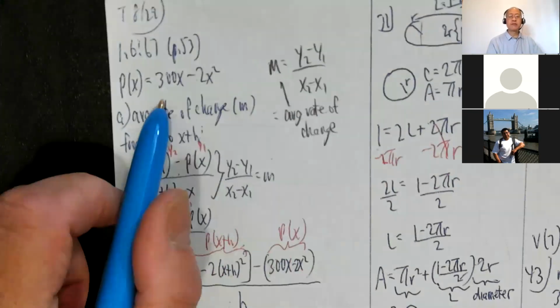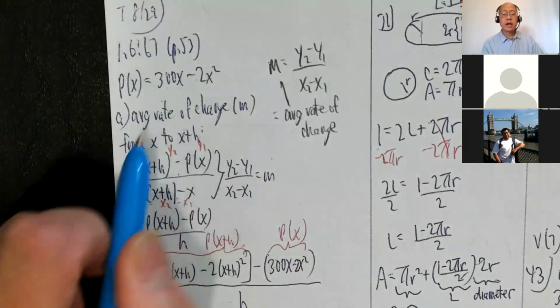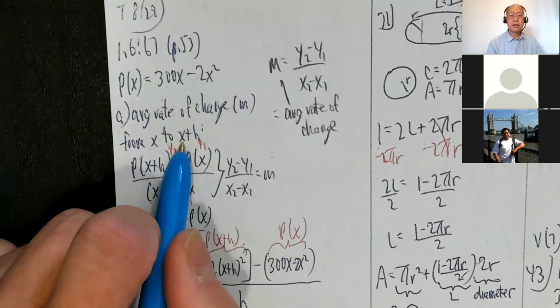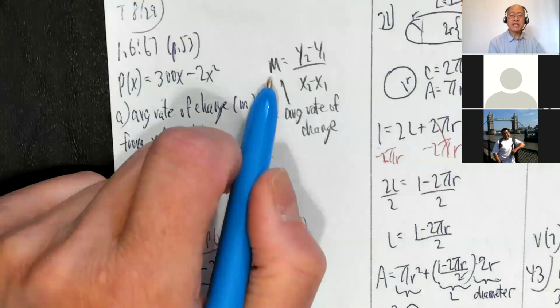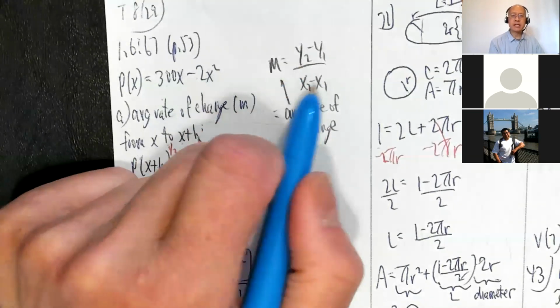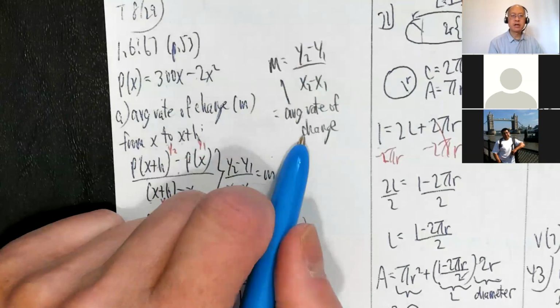Okay, so let me set you up with 67 at least. So they give you this. Average change from x to x plus h. So it's basically a slope. y2 minus y1 divided by x2 minus x1 is the average rate of change.